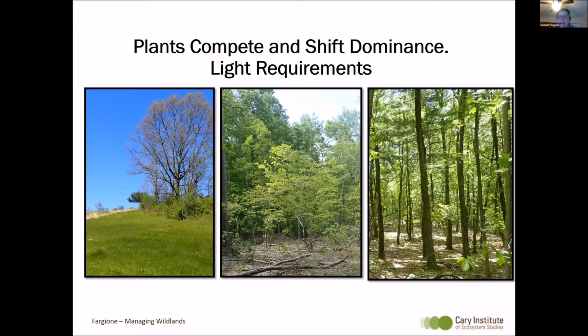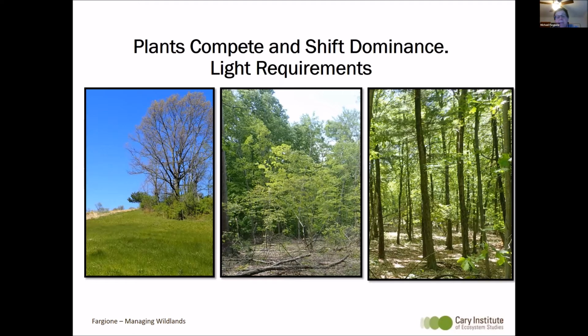So differences in adaptations and life history strategies allow plants to compete with each other for resources. There are variations in light, in nutrients, in water, in climate, seasonal factors like the length of the growing season, all help to create winners and losers among plants. Light requirements is one of the most critical factors influencing which plants have an advantage.